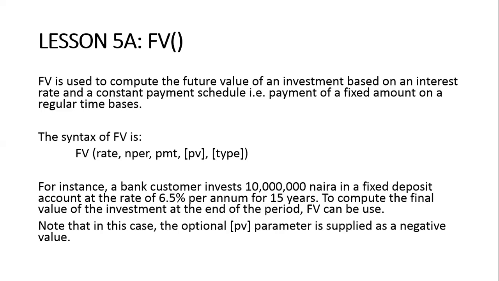For instance, a bank customer invests 10,000 naira in a fixed deposit account at the rate of 6.5% per annum for 5 years. Compute the final value of the investment at the end of the period. FV can be used to do this.